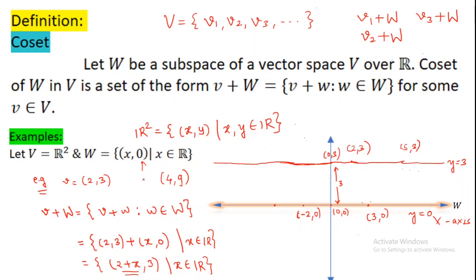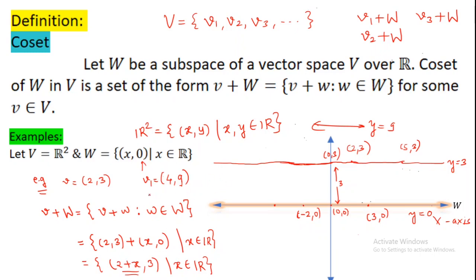Now for this another point, I will call it v1, my second coordinate is 9, right? So whatever coset I get, it is going to be the line y is equal to 9, somewhere here. Okay, you can explore this one in a similar way.